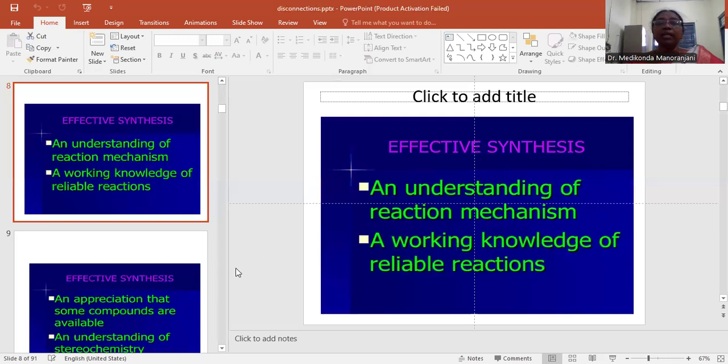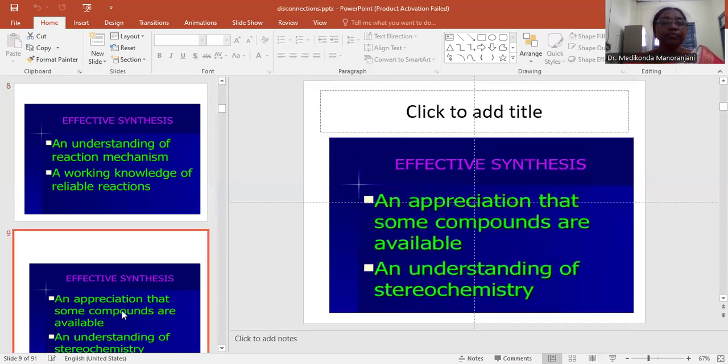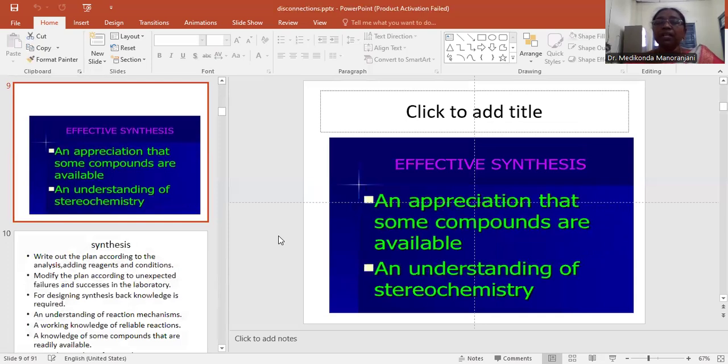Then how do we carry out an effective synthesis? An effective synthesis can be carried out by an understanding of reaction mechanism, a working knowledge of reliable reactions, an appreciation that some compounds are available, and an understanding of the stereochemistry. By keeping all these points in our mind, we can carry out an effective synthesis.